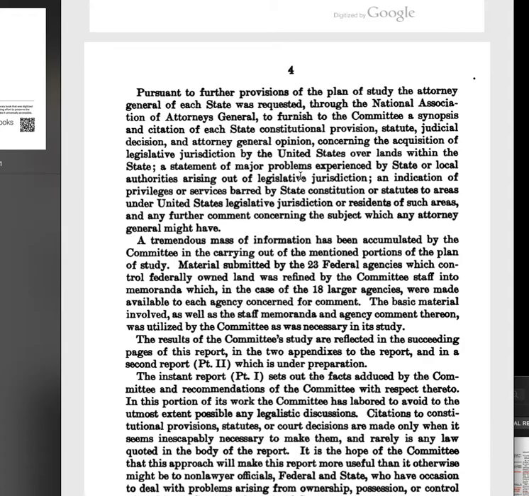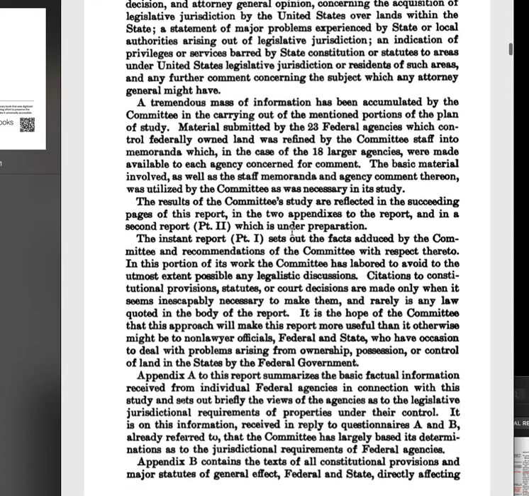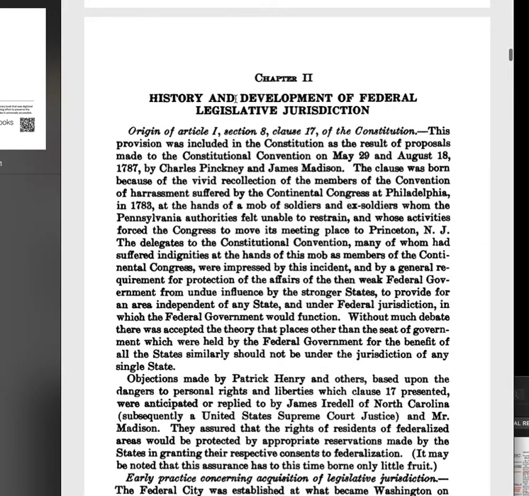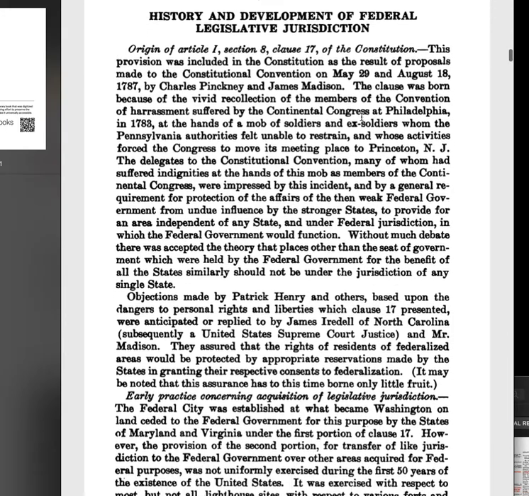Okay, all of it. All right, so I think that's enough for today, and I hope you understood all of this. We're still at the beginning of part 1, chapter 1, but I hope that you're understanding this and learning a lot. And eventually we'll get to chapter 2, history and development of federal legislative jurisdiction, where it goes over jurisdictions.